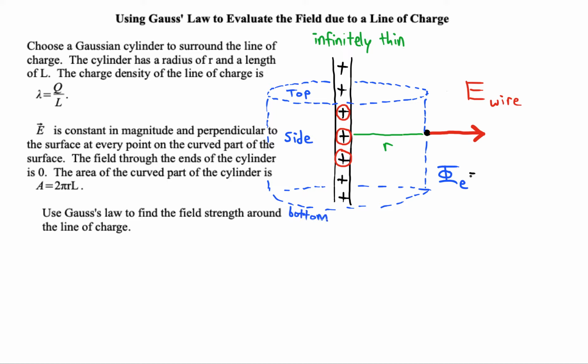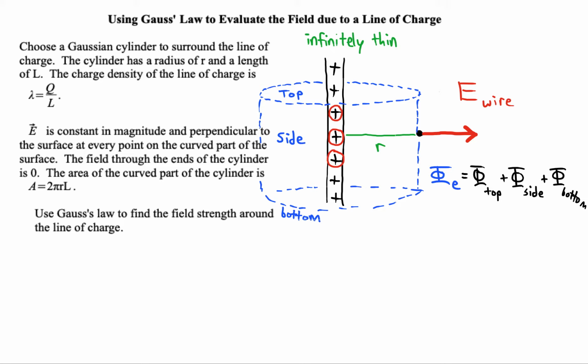To get that net flux, we have to get the flux of the top plus the flux of the side plus the flux of the bottom. So we want to be able to argue what the flux of the top is just by looking at the situation.